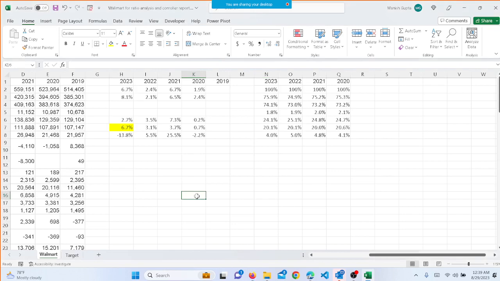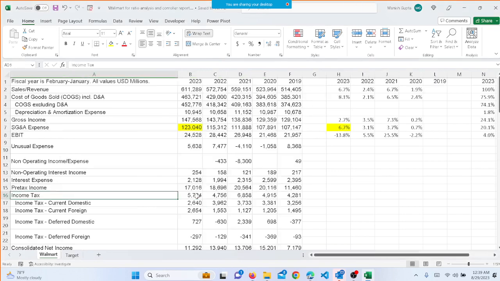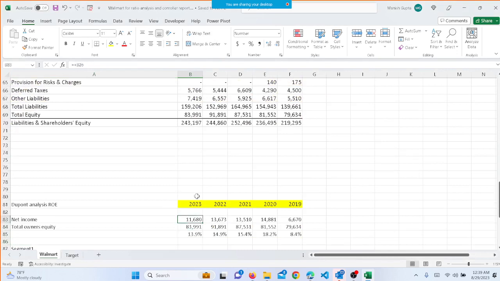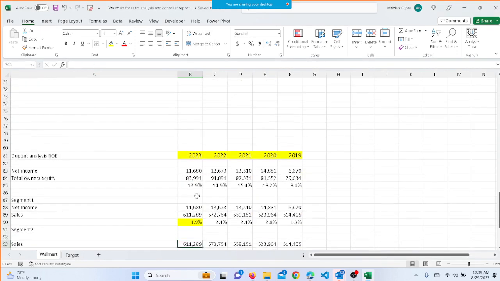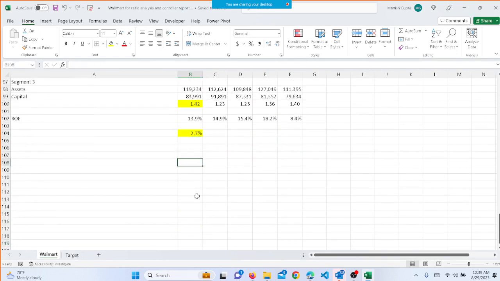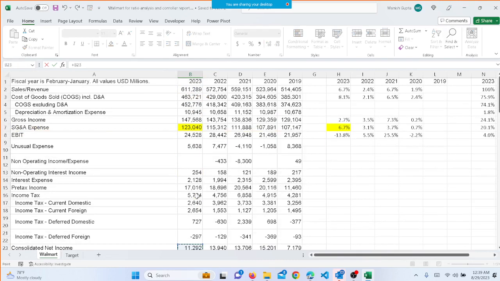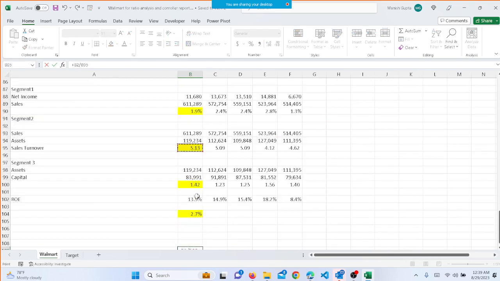The way to calculate the inventory turnover ratio is sales divided by inventory.